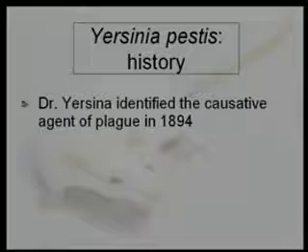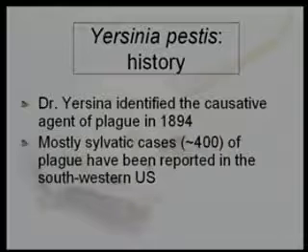Historically, as I said, it was discovered in 1894 by Dr. Yersin. That's why the name Yersinia. Most cases are sylvatic. There's sylvatic plague, and there's bubonic plague. Bubonic plague is in humans, whereas sylvatic refers to the animals. About 400 cases have been reported in the southwestern United States, almost every year in that number.